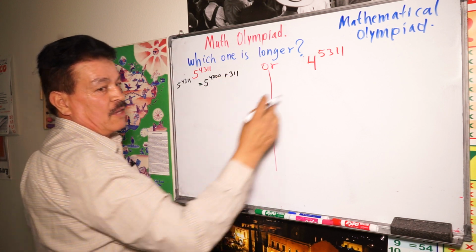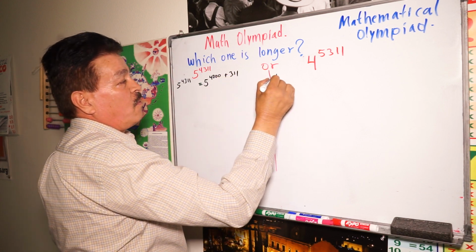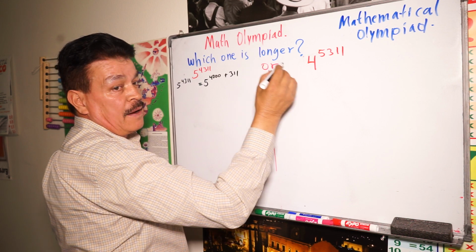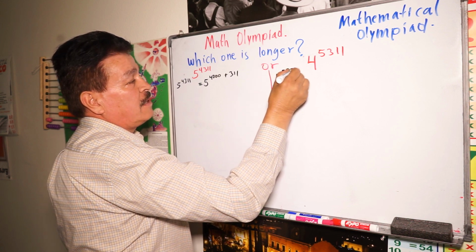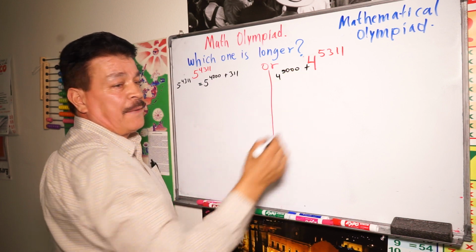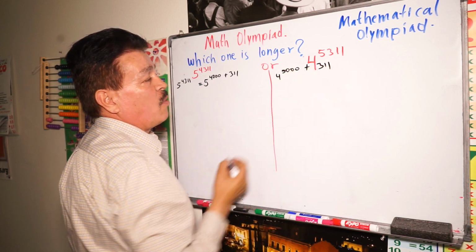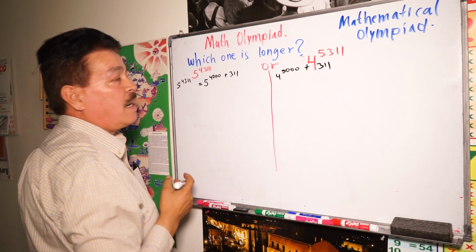On the other side we are going to have 4 to the 5,000 plus 311 power, right? We have that side.